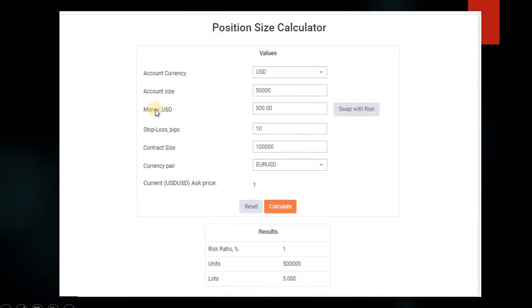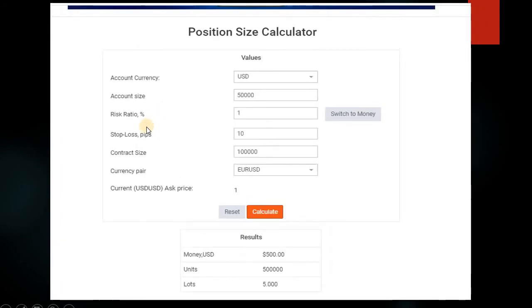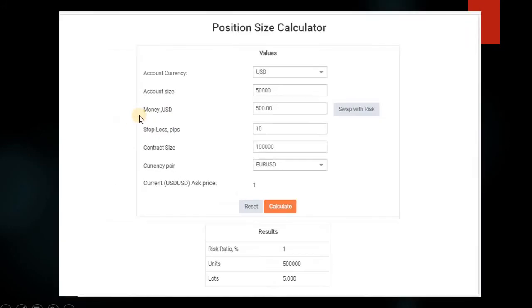Now we have money here instead of risk percentage. It is now money in USD. Like before we have USD, like before our account size is $50,000. Now we want to risk only $500. Our pips remain 10, our pair remains EURUSD.